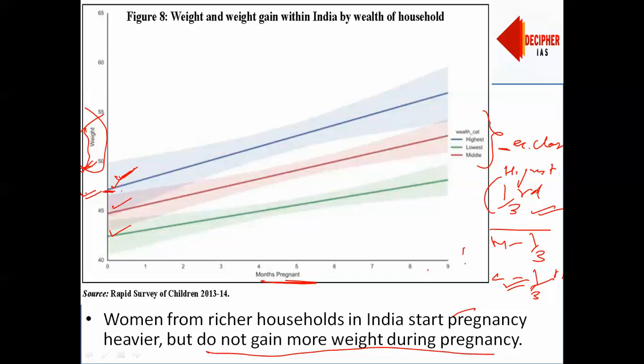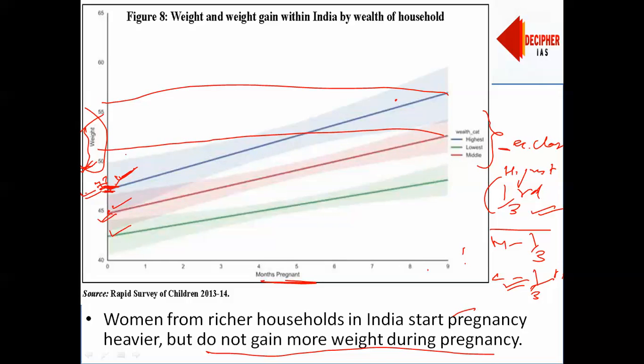The richest 1/3 of women start from 47-48 kgs on average and go up to approximately 55-56 kgs. Similarly, women in the middle category also gain 5-6 kgs, and women in the lower category have much less weight, 42 kgs, and gain approximately 5 kgs. So what do we find?